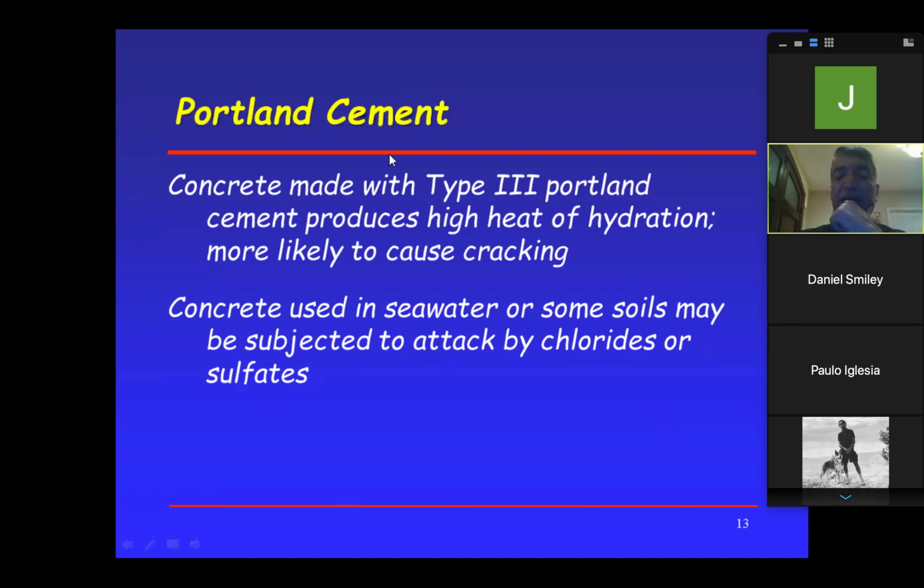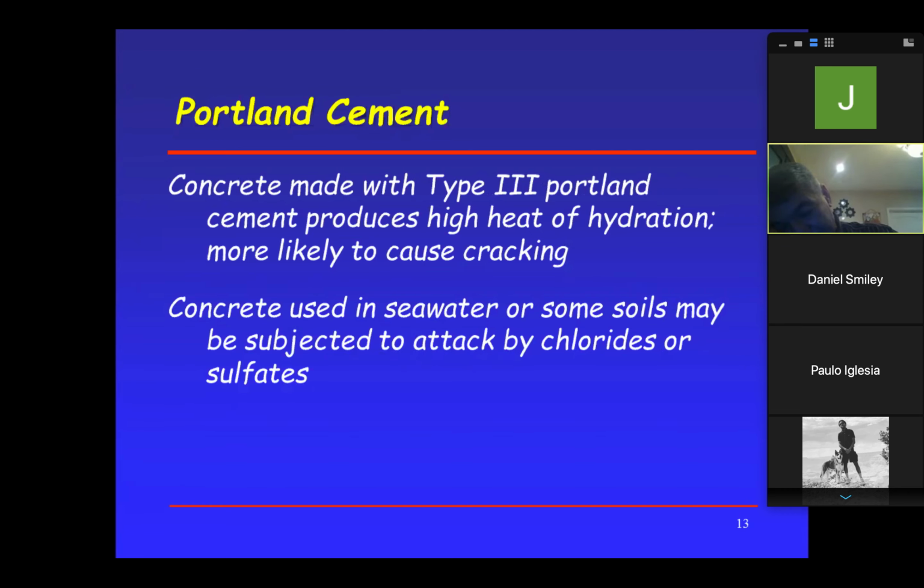Concrete made with type 3 Portland cement produces high heat of hydration, more likely to cause cracking. See that? If it's too thick, you're going to get some cracks if you're not careful. Concrete used in seawater or some soils may be subjected to attack by chlorides or sulfate. So if we're near the ocean, near the beach, you need to be careful. You see buildings in the Gulf states like Saudi Arabia and the Emirates.